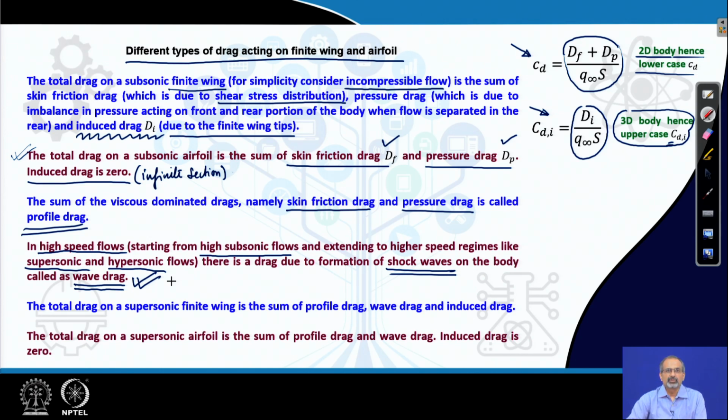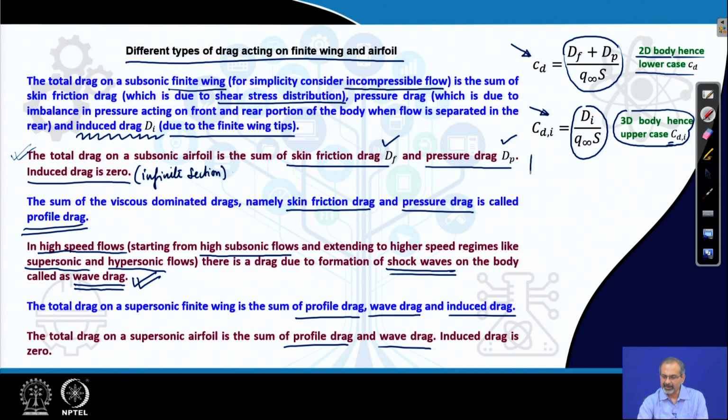The total drag on a supersonic finite wing is the sum of profile drag, which means both skin friction and pressure, wave drag as well as induced drag, while the total drag on a supersonic airfoil is the sum of profile drag, skin friction and pressure, and wave drag. Induced drag is 0.